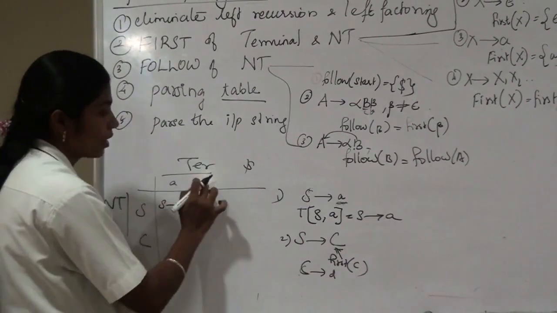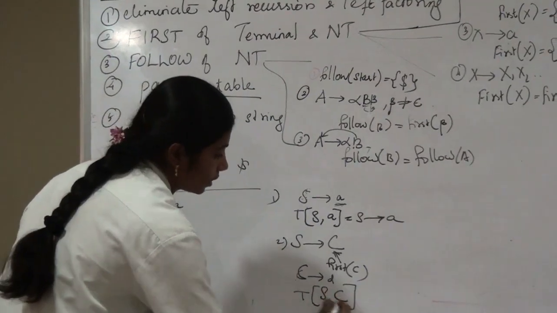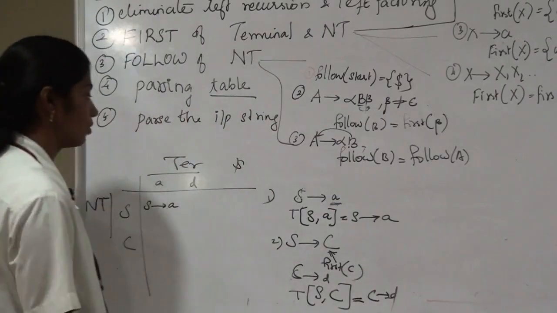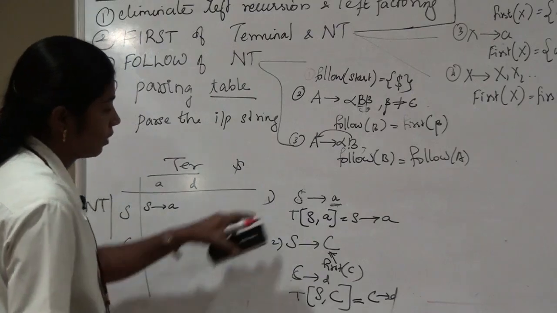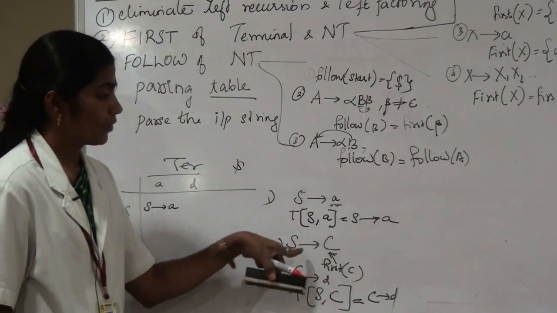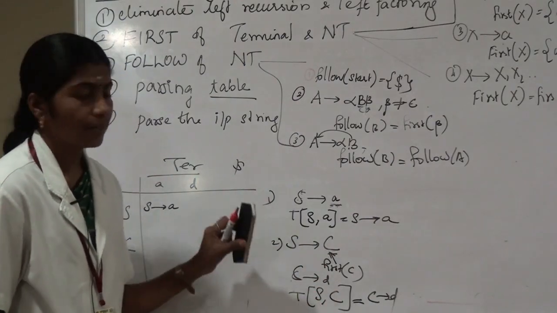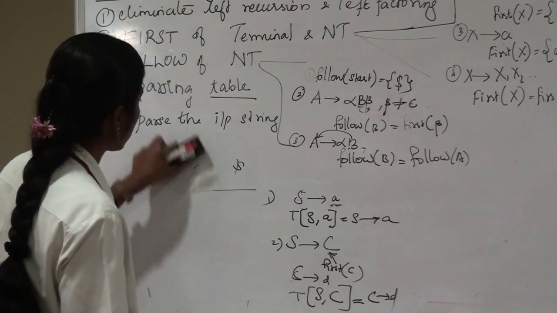So for this table entry S comma capital C, you have to make an entry C derives d. Like this it will go on. You check for the first one. If you have a terminal, make an entry like this. If you have a capital letter, find the first and then make a table entry, right? This is about constructing the parsing table.